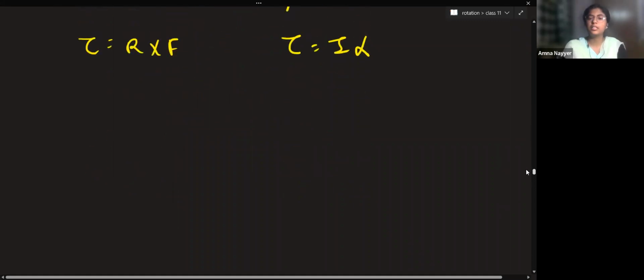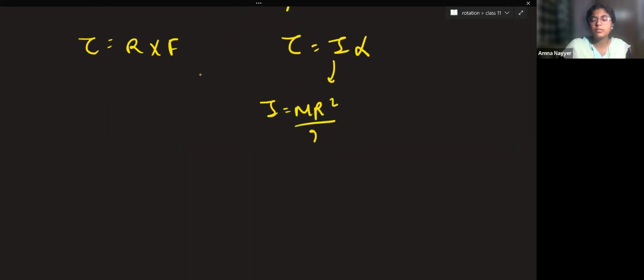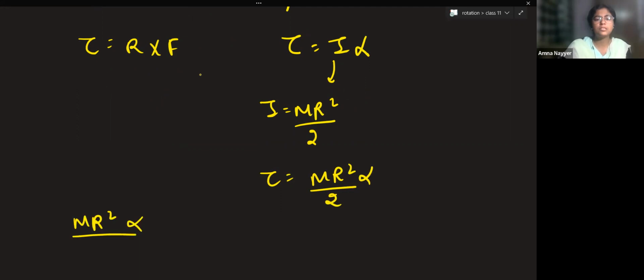Please understand this question. If you do not understand this, please ask me, I'll repeat it. It's a very important question. Moment of inertia I will be mr square by 2. So torque becomes mr square by 2 into alpha. Keep the value of torque here. mr square alpha by 2 is equal to r into f.